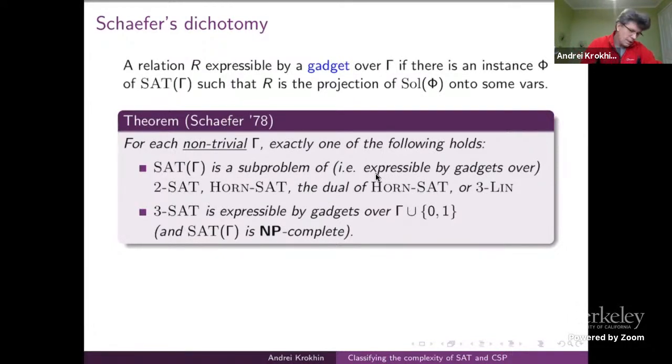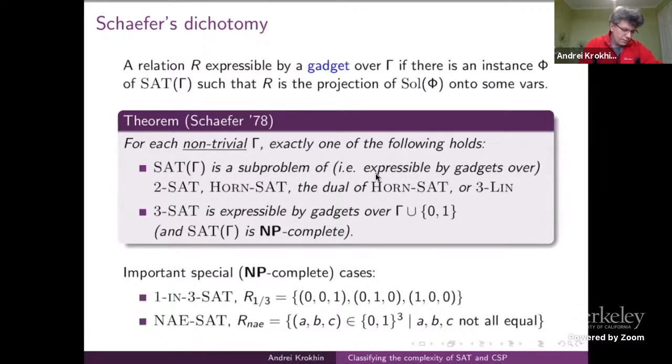Okay. Well, in particular, from this theorem, it follows that the following two problems are NP-complete. These are special cases of SAT gamma, and we will use them later. One is called 1-in-3 SAT, and that's when gamma contains the only relation, a ternary relation, like this, R 1-in-3. So that's 1-in-3 SAT.